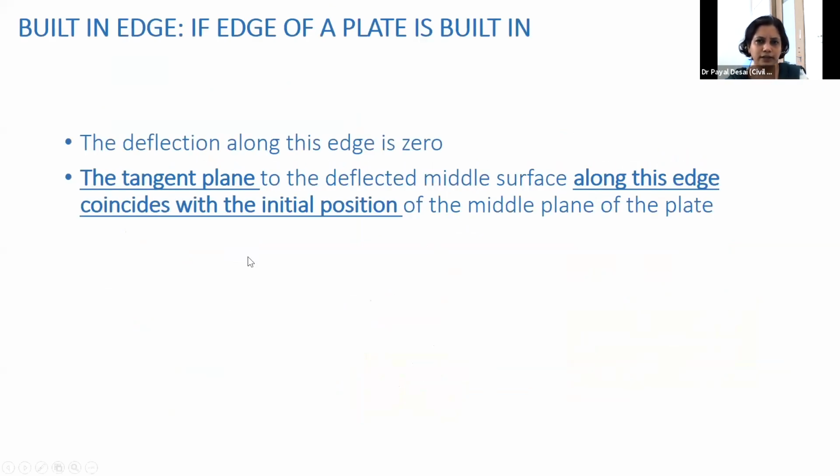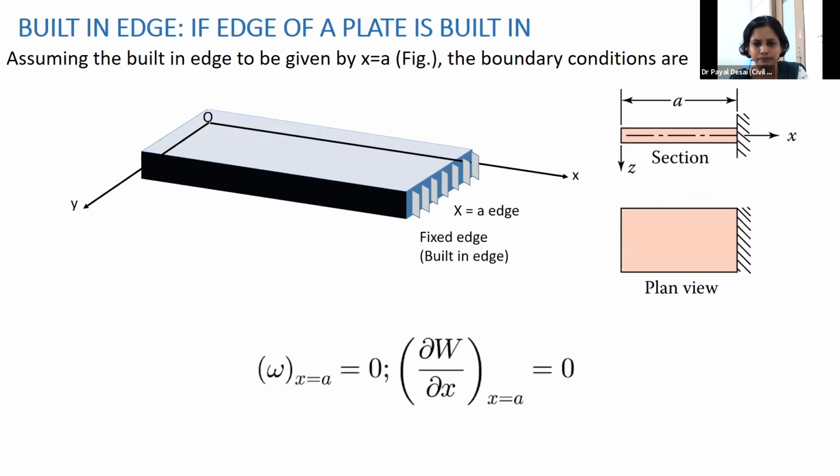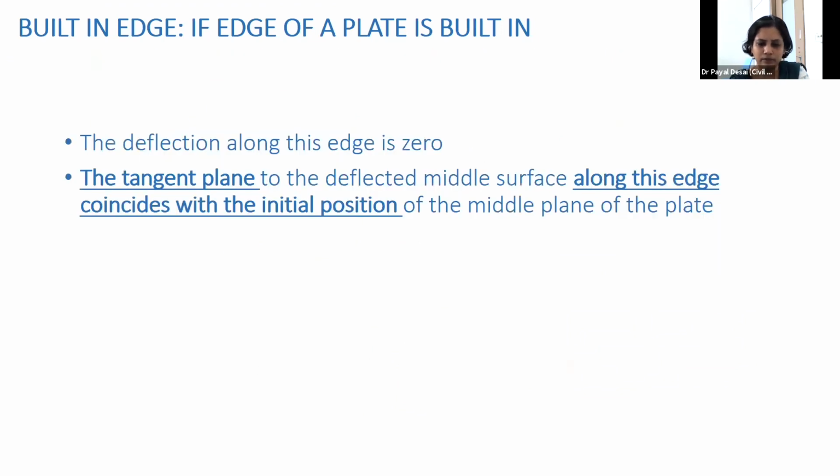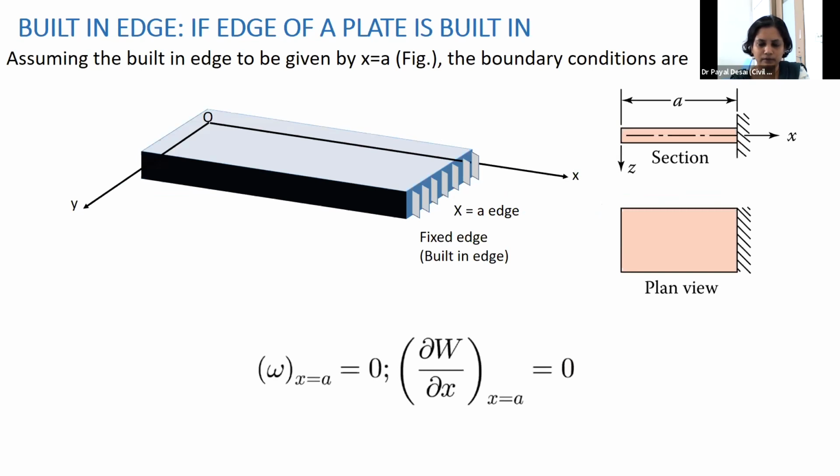When the edge of the plate is fixed, it is easy to understand that we have zero displacement, that is W is zero, and the slope is zero for the fixed. It basically says that if this portion is fixed, the tangent is meeting the middle surface. And then I can say del W by del X is zero. If the plate wants to deflect and it has a slope, the slope starts after some distance away.